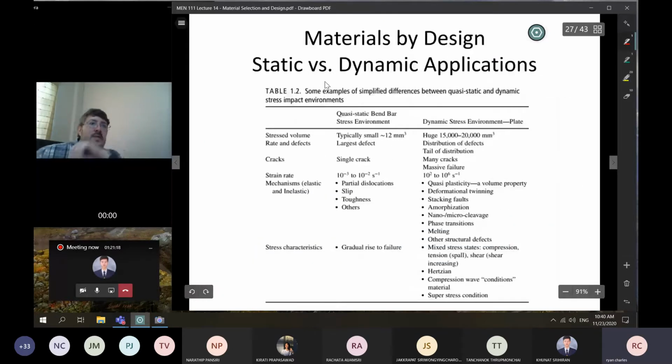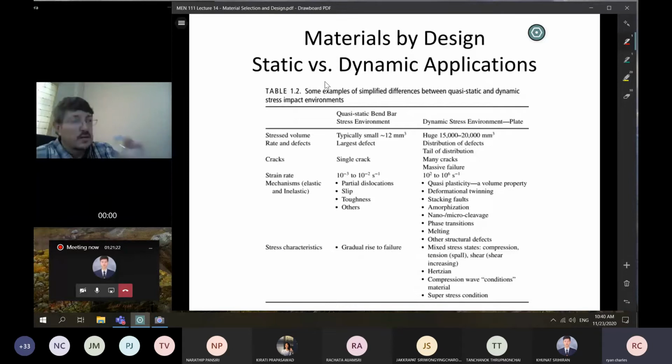Now, I'll mention this. Static versus dynamic applications. Civil engineering structures, for the most part, are going to be static, right? You build it and it stands there for decades.